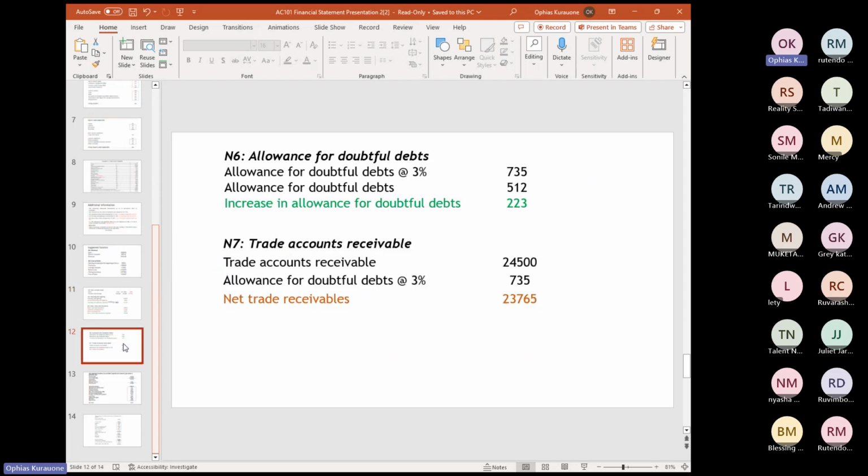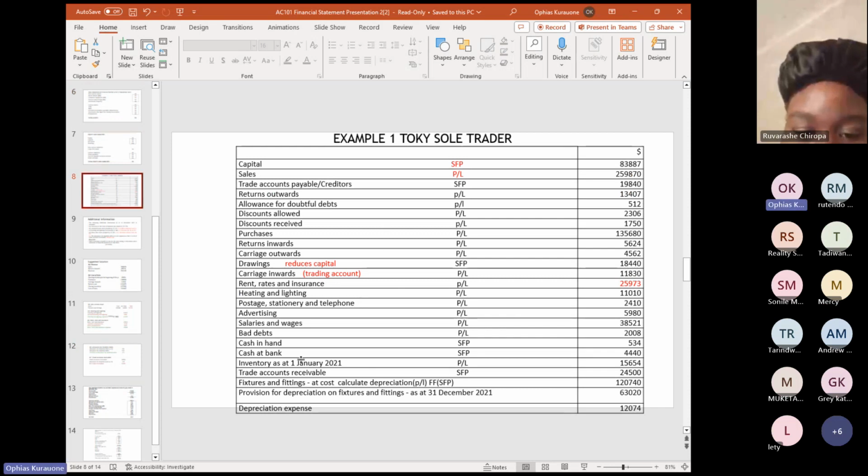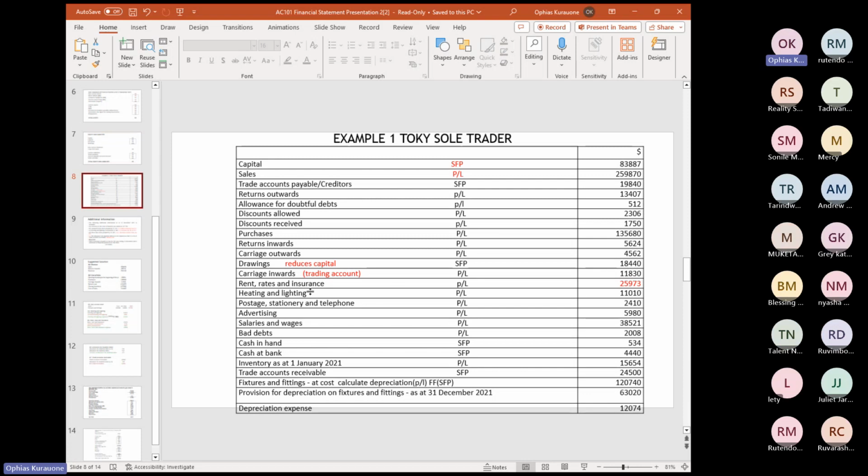Okay, let's go on to the next one, number 6. Allowing for doubtful debt. That's 3%. What you do here, that's the 3%. Allowing for doubtful debt, 512 increase. Usually, what is happening here, you've got a scenario whereby you've got the allowance which had already been provided by the entity or the company.